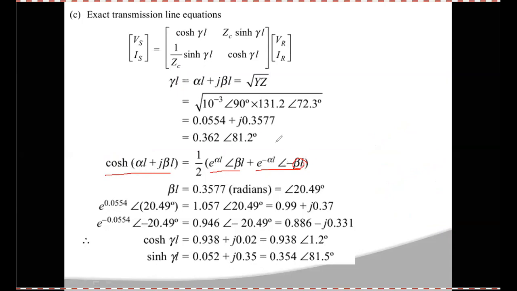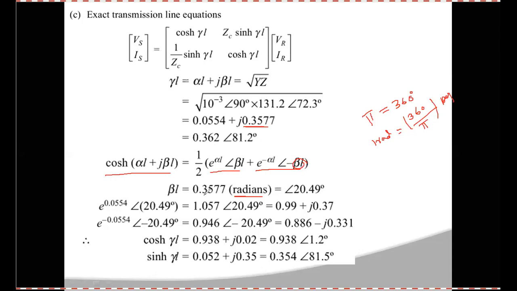Now what is βL here? βL is the angle which is equal to 0.3577, in terms of radians. Now you convert that into degrees. Pi radians is equal to 180 degrees... so 1 radian is equal to 360 by pi degrees. To get 0.3577 radians in degrees, you multiply 0.3577 by 360 by pi.